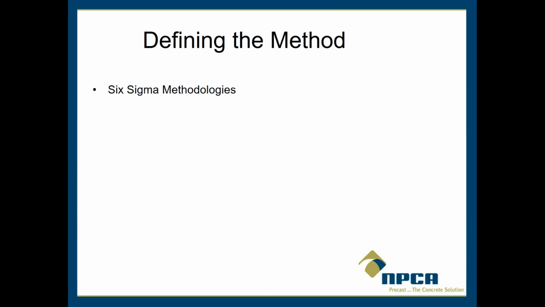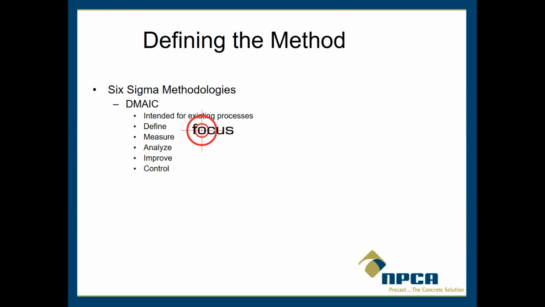Okay, so one of the things that really helps when you're solving a problem is to have, again, a process. When we look at some of the Six Sigma stuff, you could spend a lot of time going into the Six Sigma processes. A lot of it is process oriented, more so than what we deal with a lot of times in precast plants.